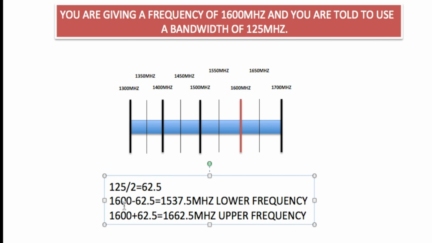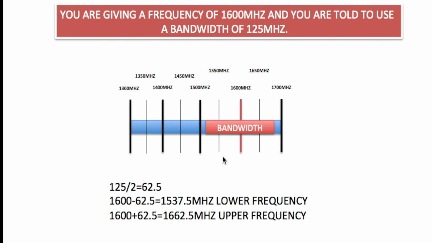We get 1537.5 megahertz for the lower frequency, and for the upper frequency we add 62.5 to 1600 megahertz and we get 1662.5 megahertz for the upper frequency. So now we know both our lower frequency and our upper frequency.